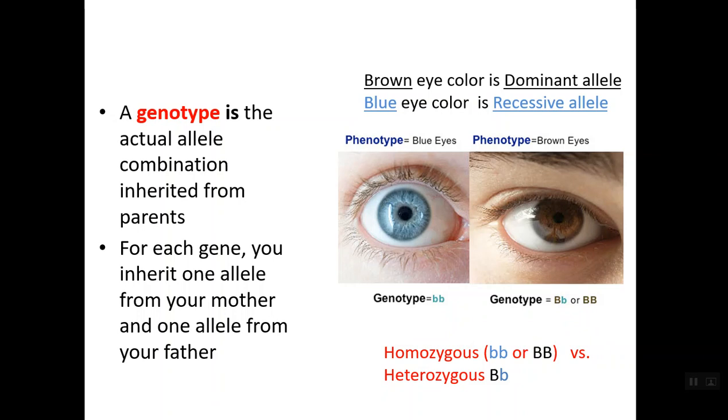Or it could be uppercase B, uppercase B. It could have inherited both alleles for brown eyes from both parents. All right, so it could be heterozygous or it could be homozygous. Okay, so remember, homo means same, it means that the two alleles are identical. Hetero means different. It means that you have inherited two different alleles from mom and dad for a particular gene.